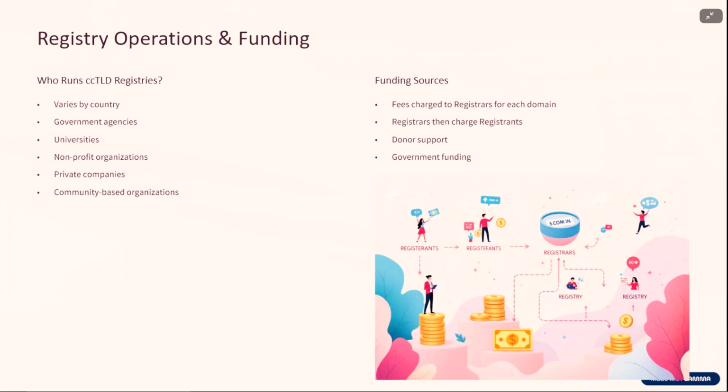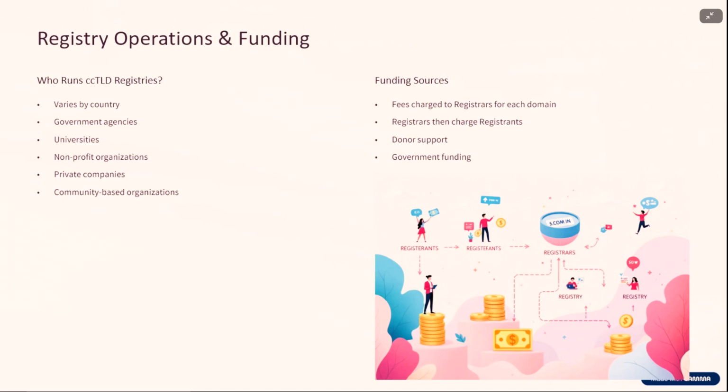And how does the registry get its funding, or how does the registry operate? What basically the registries, and this one also differ from registry to registry. One key funding source is the fee that they charge registrars for each domain that they register. And not just the fee, some registries also even go the extent of running an auction.